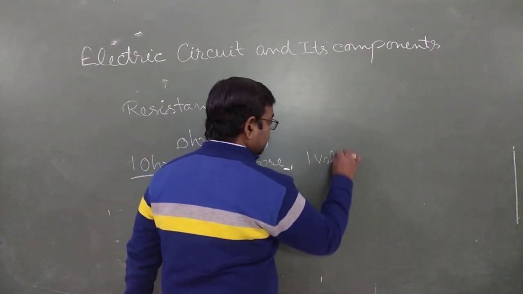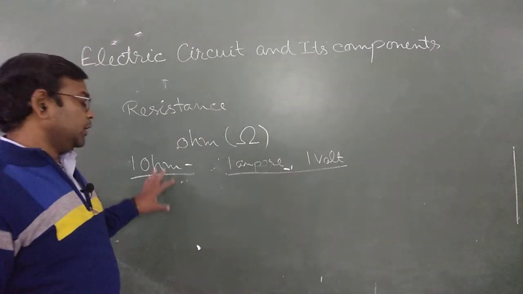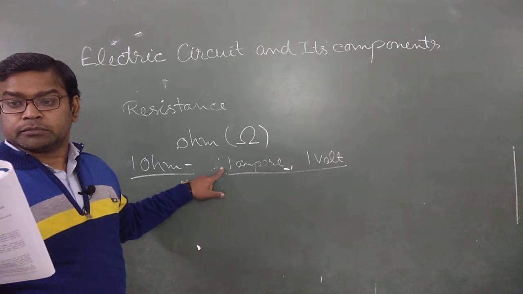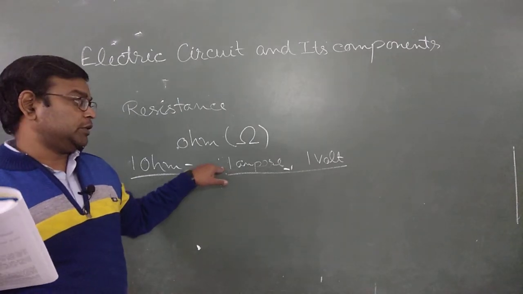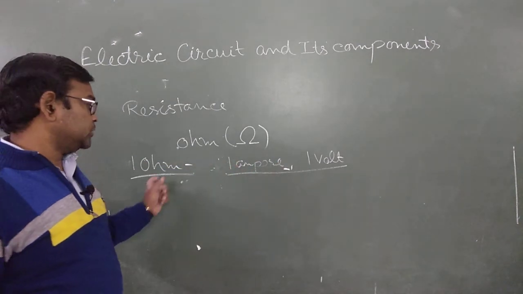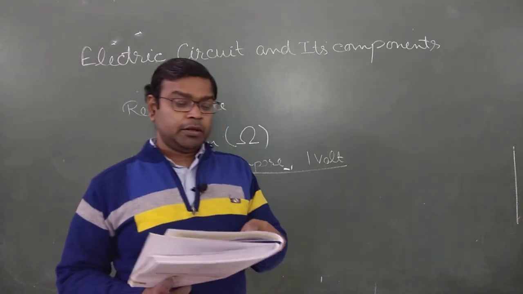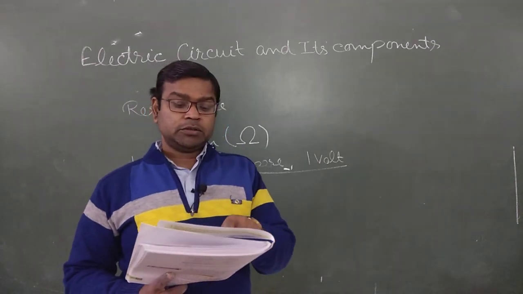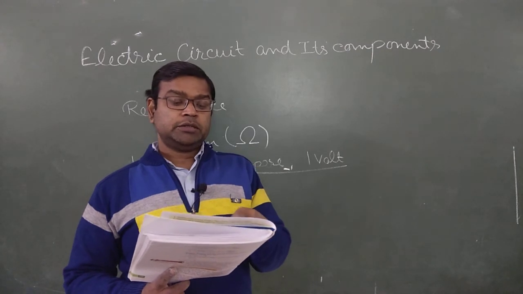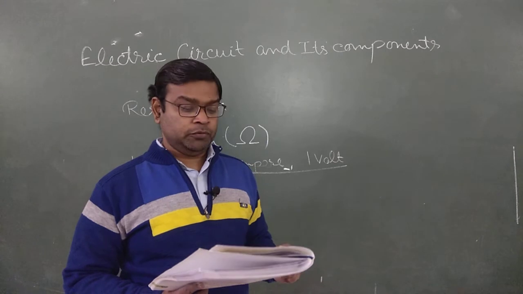You must read the definition of 1 ohm. When a current of 1 ampere flows through the conductor such that the potential difference at the ends of the conductor is 1 volt, then such type of resistance is known as your 1 ohm. The exact definition says: 1 ohm is the resistance offered by a conductor when a current of 1 ampere flows through it such that the potential difference at its end is 1 volt.